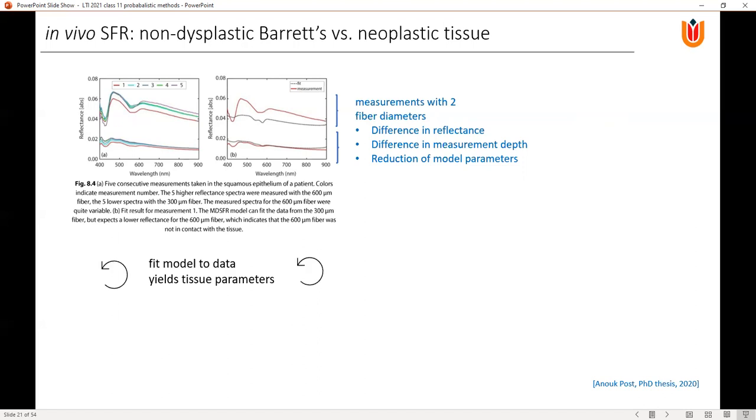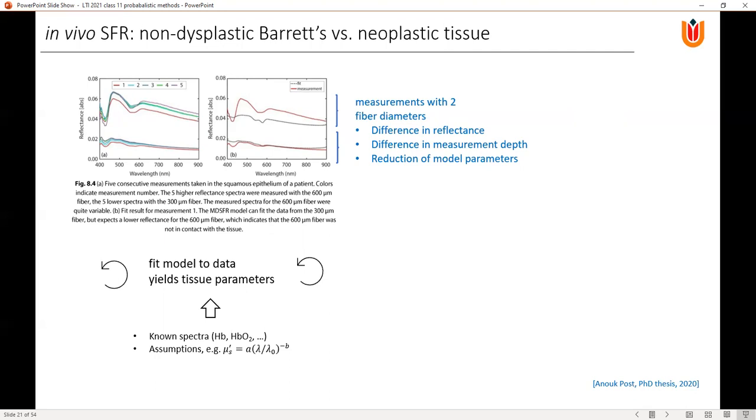So the approach here was to get this data and then fit a physical model that we had, to extract these concentrations, and then from that get the tissue parameters. The inputs of that model would be the known spectra of hemoglobin, oxyhemoglobin, bilirubin.